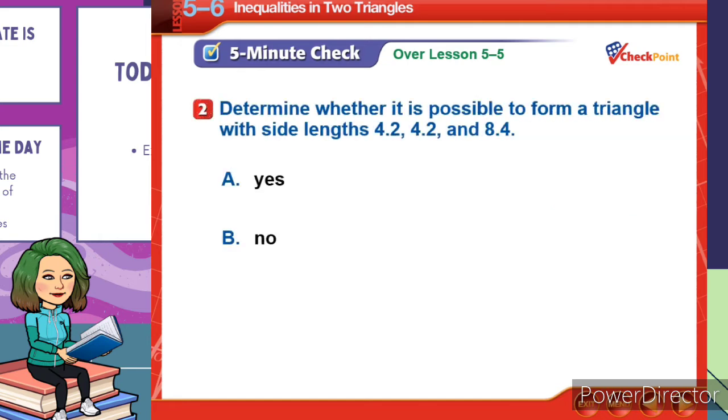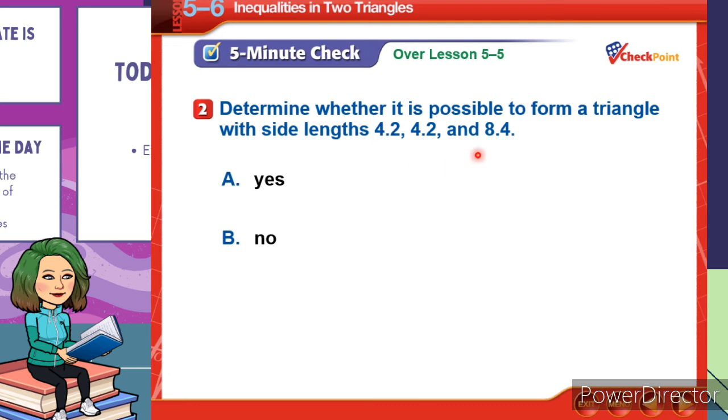Another, determine whether it is possible to form a triangle with side length 4.2, 4.2, and 8.4. So, ang sabi natin, it should be greater than. So, wala tayong sinabi doon na greater than or equal to. Okay? Because 4.2 plus 4.2 is 8.4.